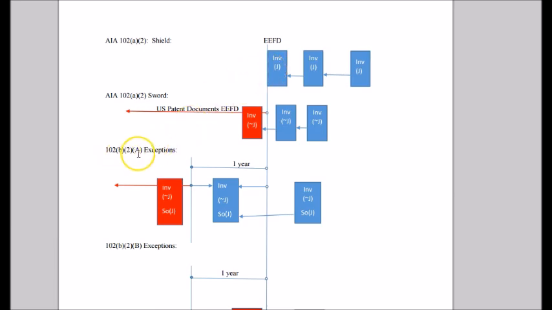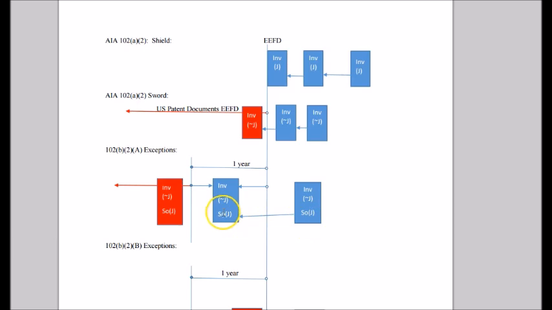Then there's the (b)(2)(A) exception. Here you have, for example, an inventor that's not J. Here's your family you're trying to invalidate. This is not J, so it does refer to an earlier family member earlier than the earliest effective filing date.